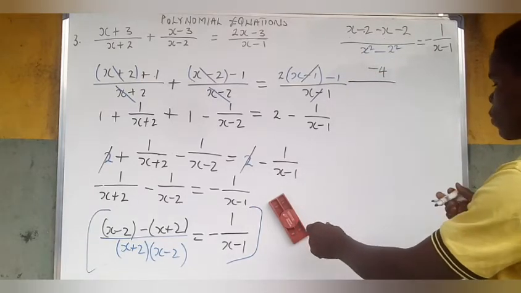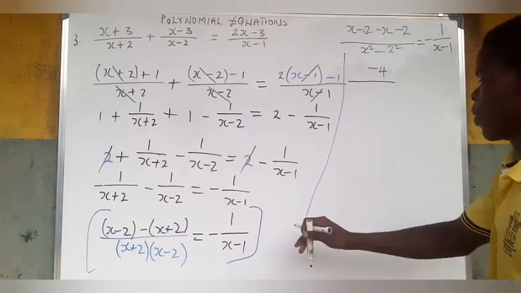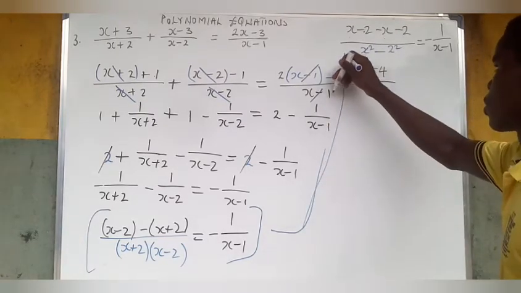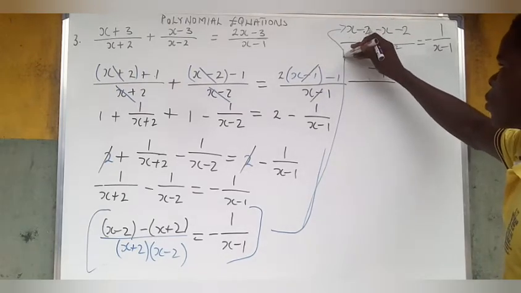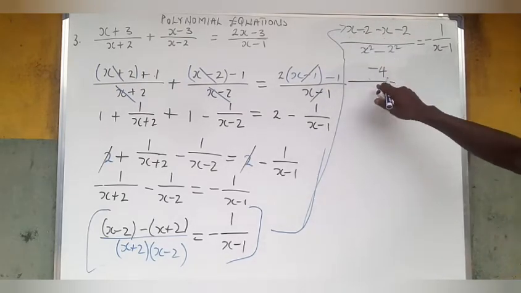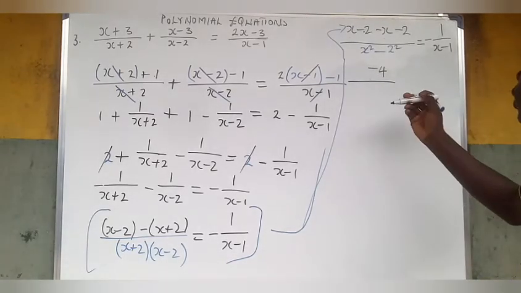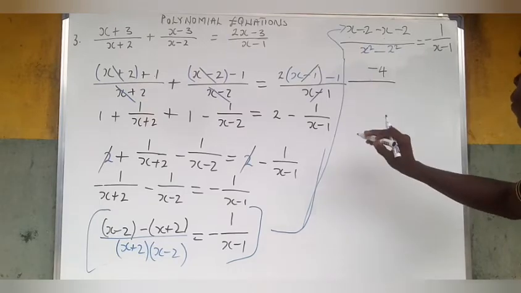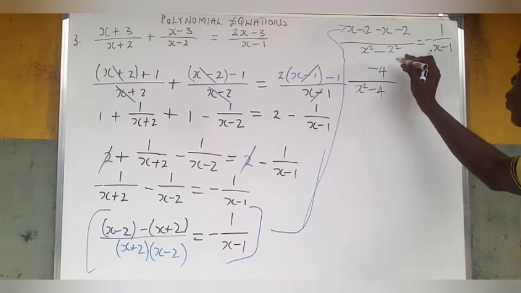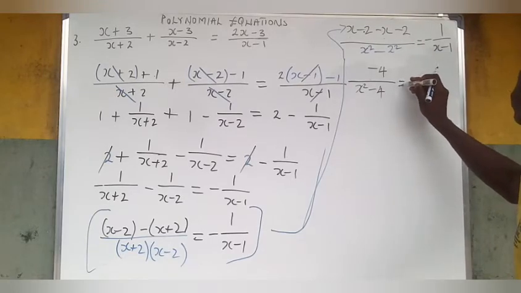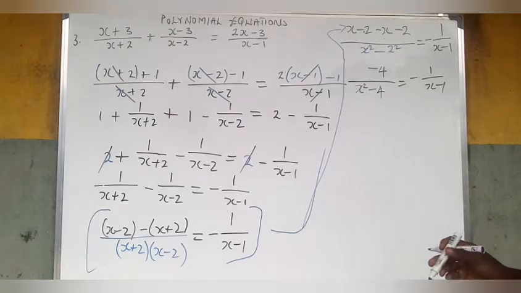Over, remember, this took us down here. Negative 4 over x squared minus 4. 2 squared is 4. That equals negative 1 over x minus 1. We can now cross multiply.